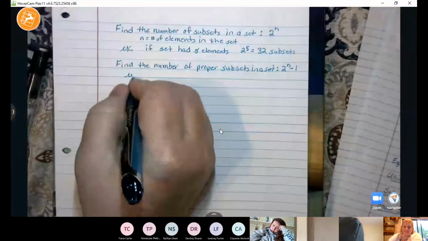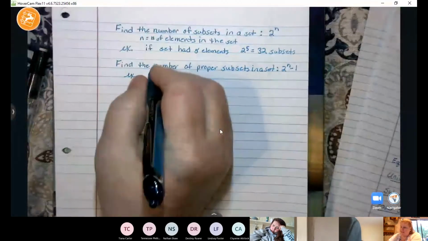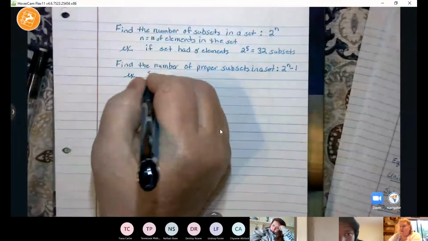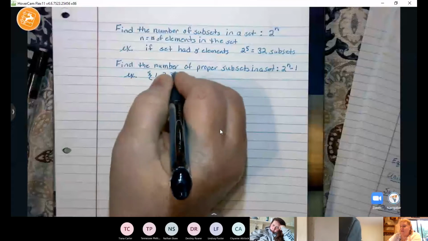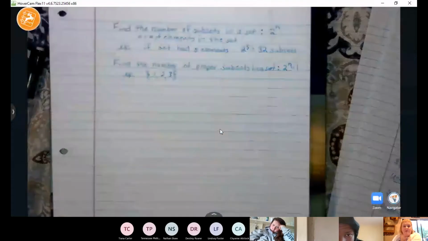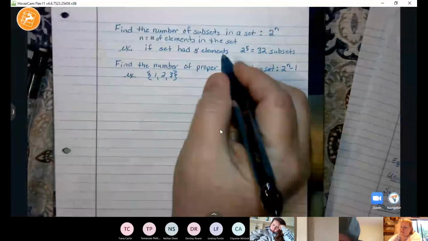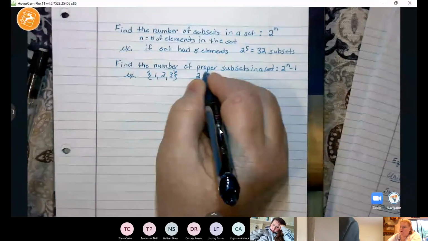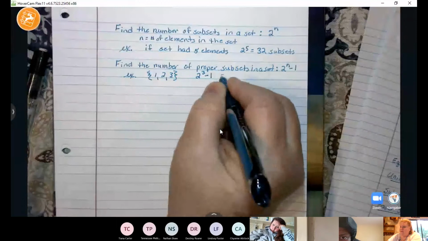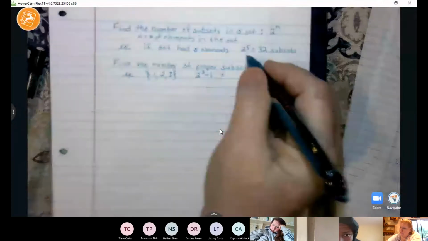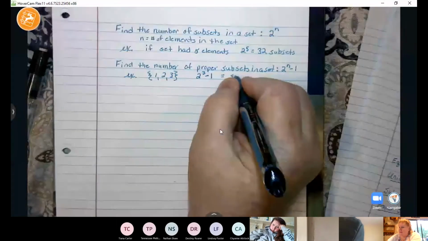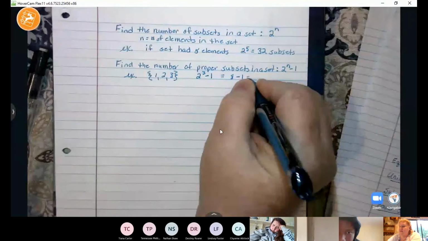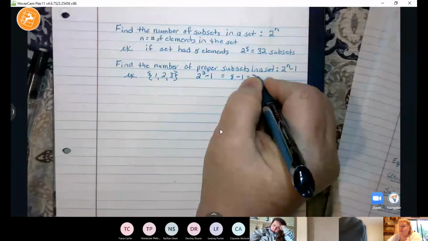So if we had a set 1, 2, 3, and we wanted to know the number of proper subsets, that would be 2 to the 3rd power minus 1, which would be 8 minus 1, or 7 proper subsets.